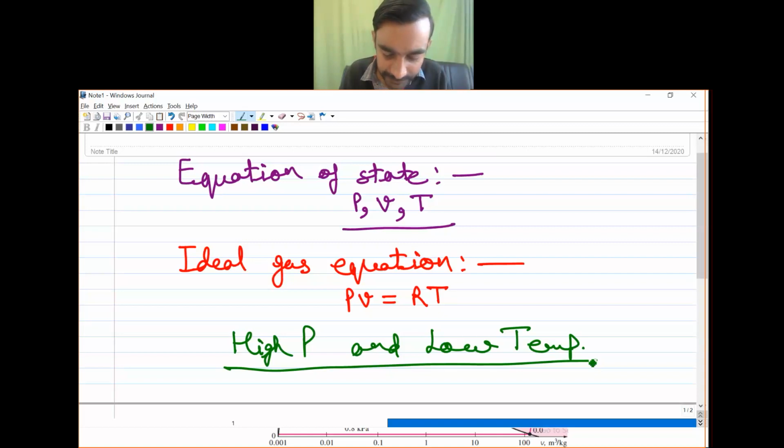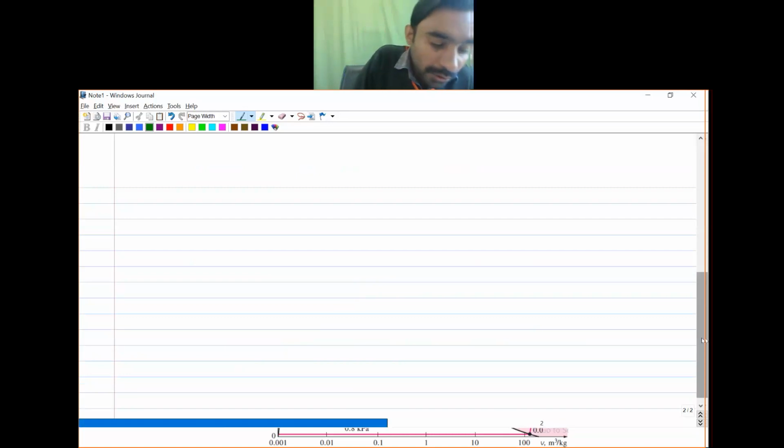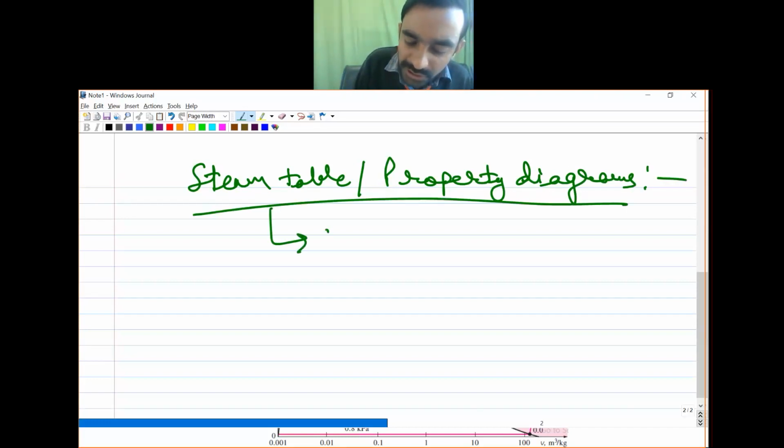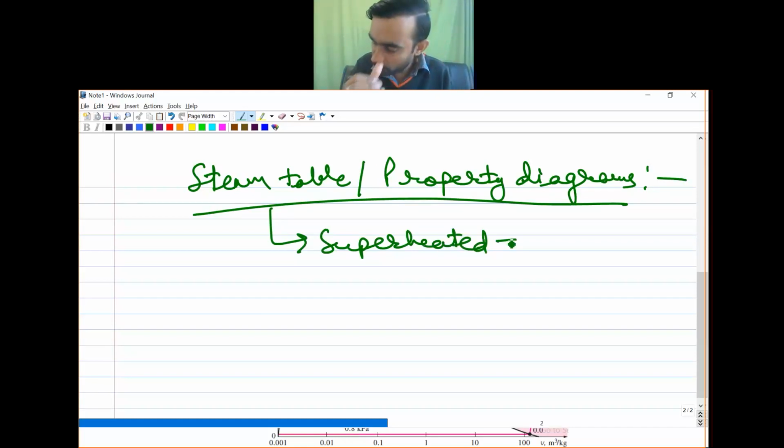Now particularly if we go to our steam tables, or I should say the property diagrams, in the superheated region for water, we know that our water exists in the vapor state and behaves like a gas.